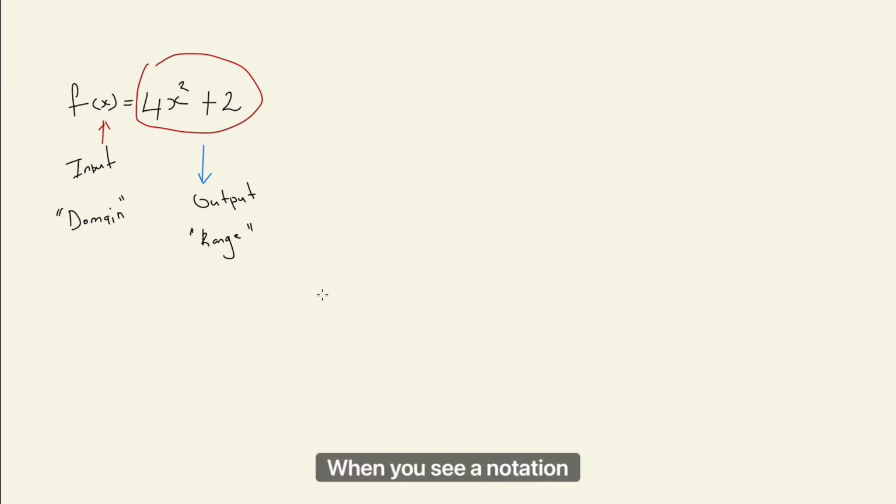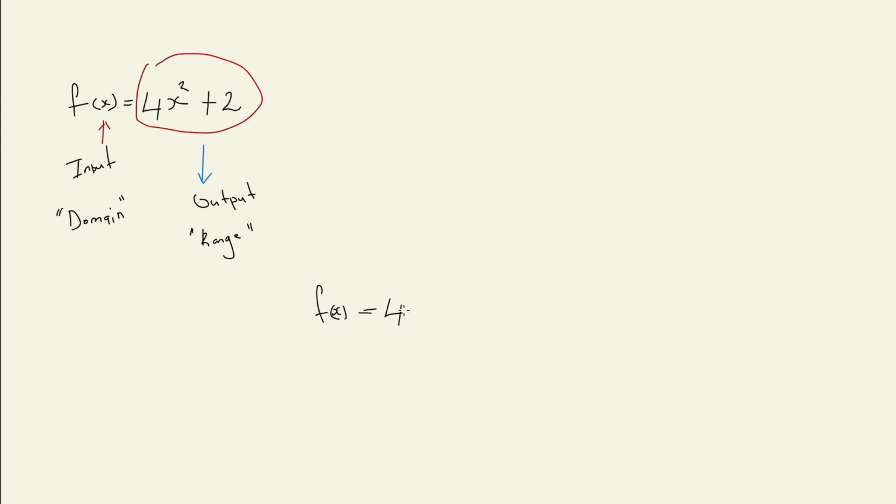When you see a notation that is written in the following format, please note that this notation is read in a particular way. This reads f of x is equal to 4x squared plus 2.